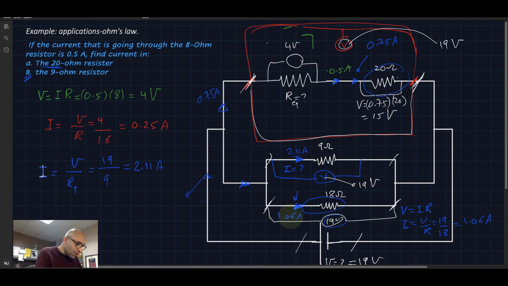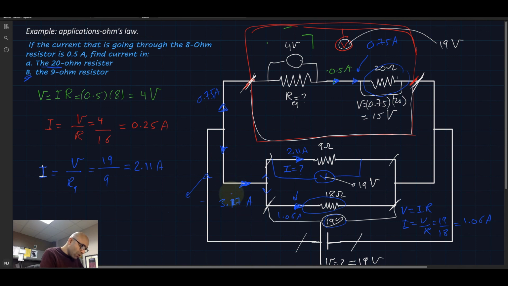So 1.06 plus 2.11, so we know now the current that is feeding through this loop here is equal to 3.17 amps, because 1.06 plus 2.11 is 3.17 amps. Okay, so we got this one here. We know that the current that is going through this loop is 0.75, and that one is 3.17.